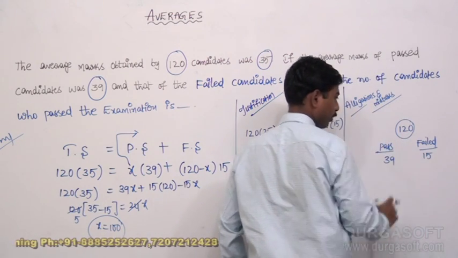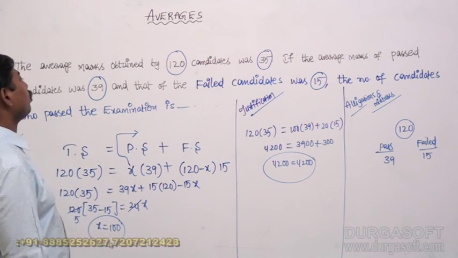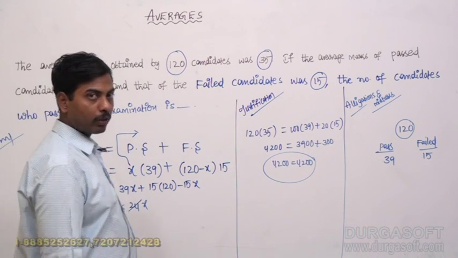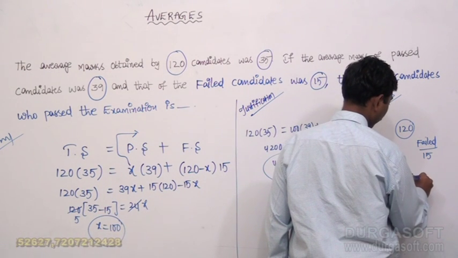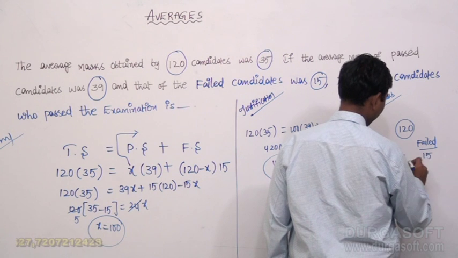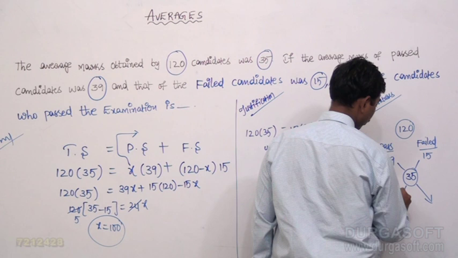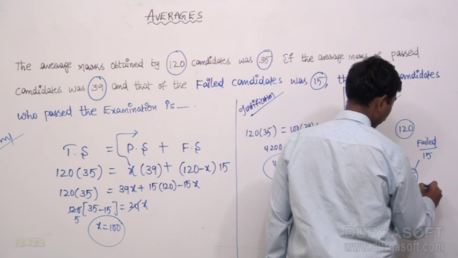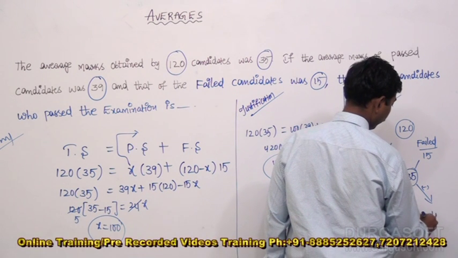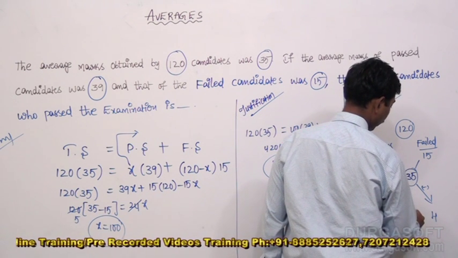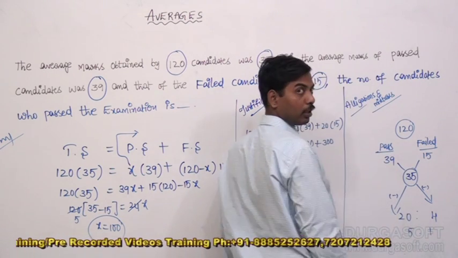We write this information. And the average of the 120 students is 35, which we write in between. This applies to passed and failed candidates. Next, the calculation: 39 minus 35 is 4, 35 minus 15 is 20. 20 is to 4 means what ratio? 5 is to 1.